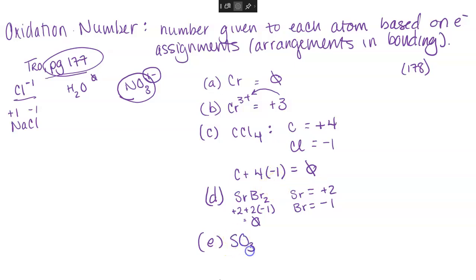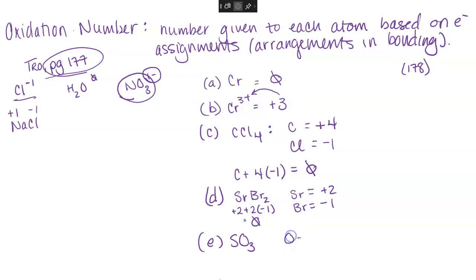Sulfur trioxide. Here we go. So, molecular compound, right? So we have to work down our rules of what we assign. It's not fluorine, which is a -1. It's not hydrogen, which is a +1. It does have oxygen, which is a -2.